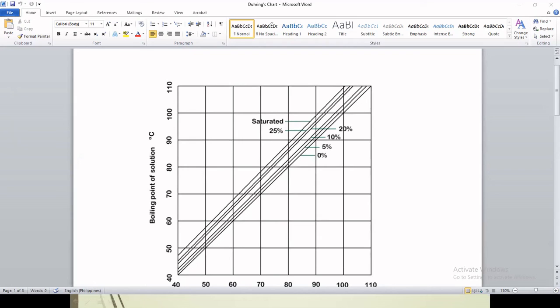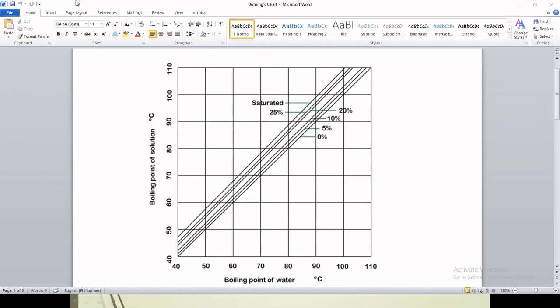So if your boiling point, for example, as I was saying, is 70, you go up and rest on the 25, let's say 25% solid solution, whatever solution that may be. This one is not for NaOH, by the way.